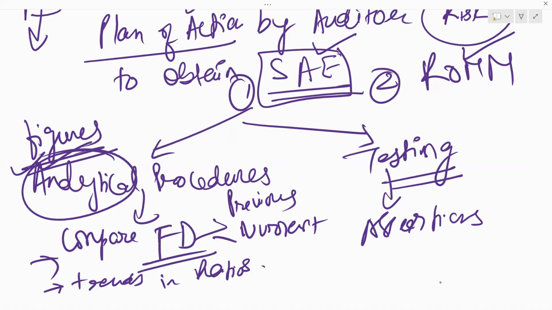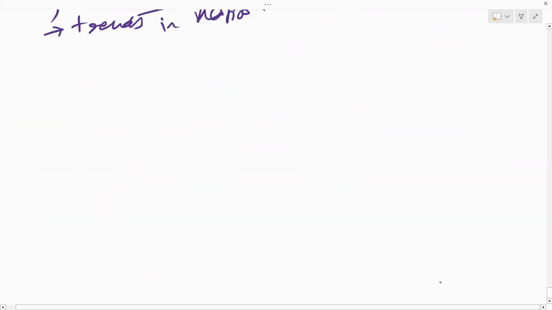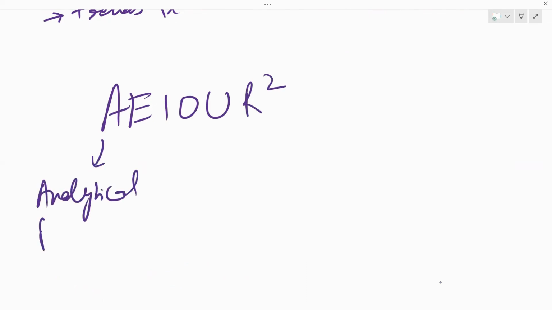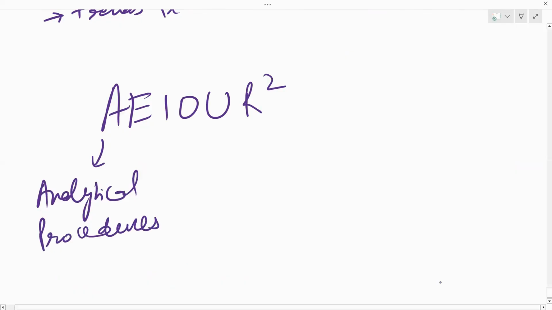What are the types of substantive procedures, the procedures that you can use? So simple, there's a mnemonic, AEIOU, plus R square. I hope that you know this. So I'll just briefly talk about this. Firstly is your analytical procedures, which we just discussed. Then is your inquiry.